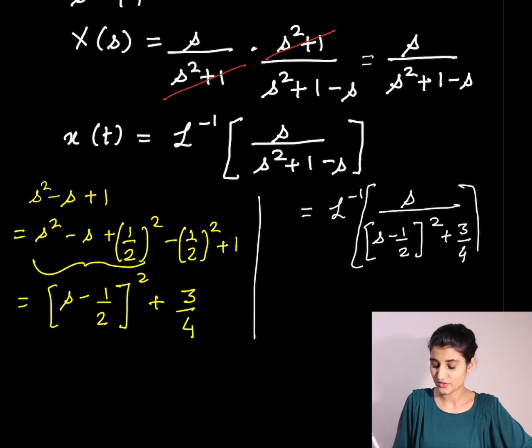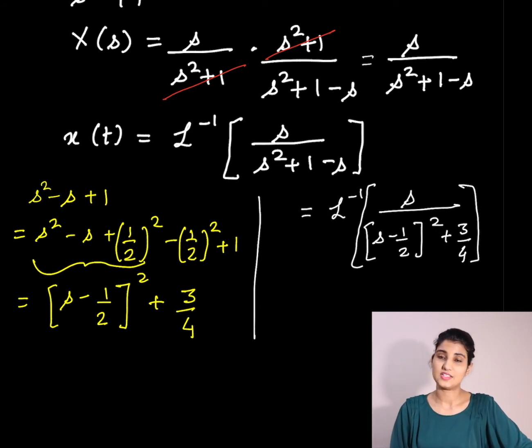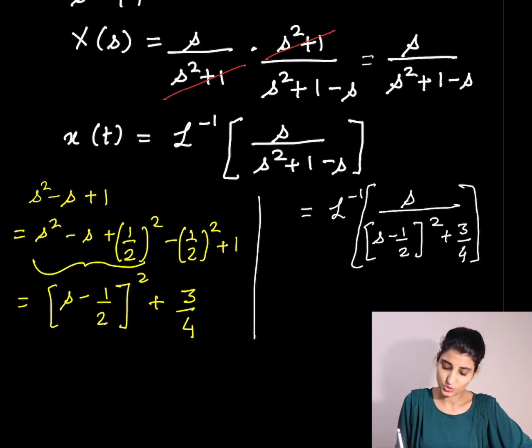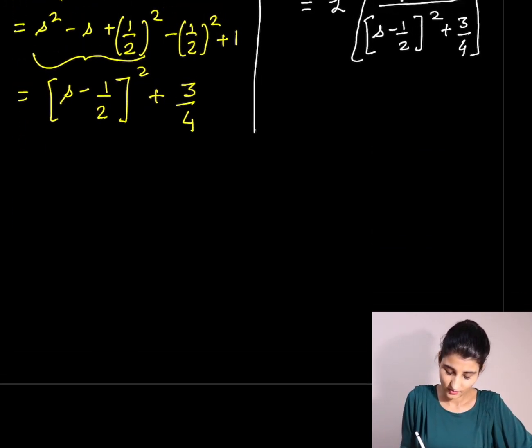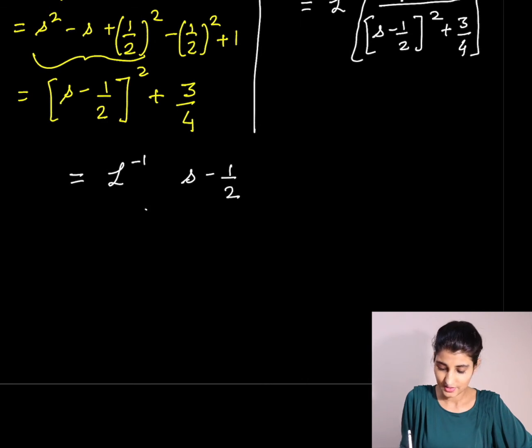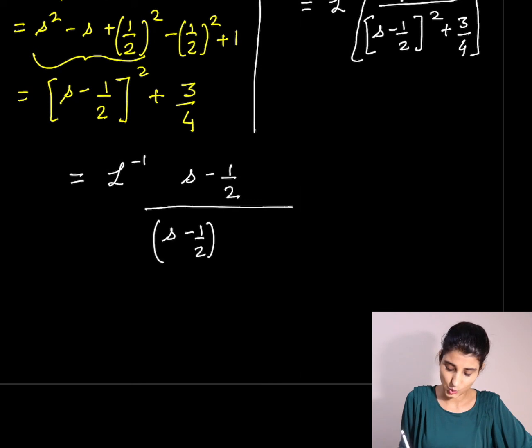If you see this function carefully, this resembles the Laplace inverse of cosine t. But in the denominator we have s minus half, and in the numerator we just have s. So what we can do is write it as the Laplace inverse of s minus half divided by s minus half square plus 3 over 4.